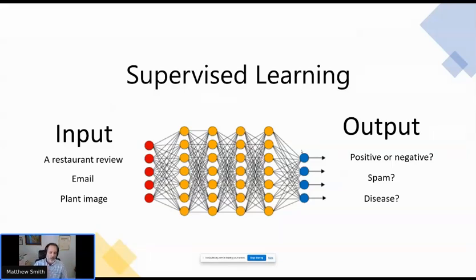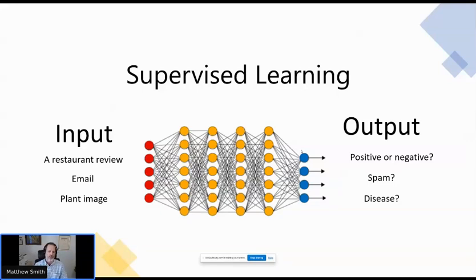So, for example, in the examples with the email filter, you give it an email and it tells you whether that email is spam or not. Or you give it a restaurant review and it tells you whether that review is positive or negative, something called sentiment analysis. Or you give it a plant image and it tells you whether or not that plant has a particular disease, so disease diagnosis.